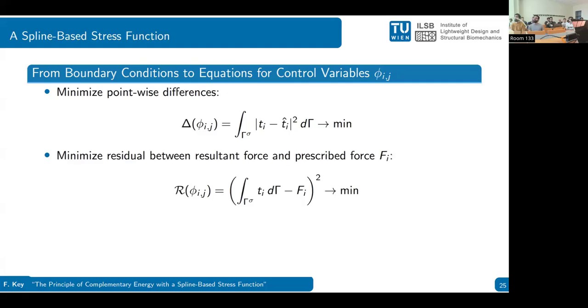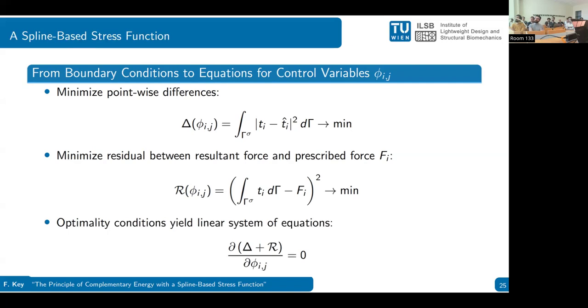You can also think of a case where you do not know pointwise the stress or force distribution, but just the resulting force. You can also apply that as a boundary condition by minimizing this residual between this traction integrated over the boundary and some prescribed force F1. You minimize this by applying the optimality conditions.